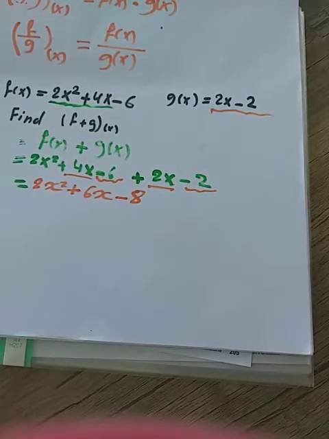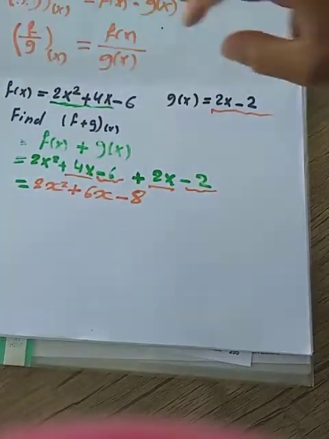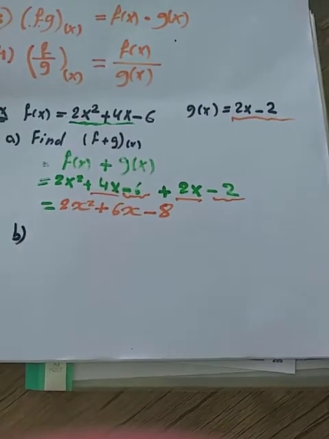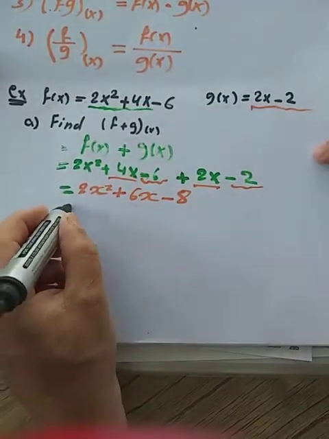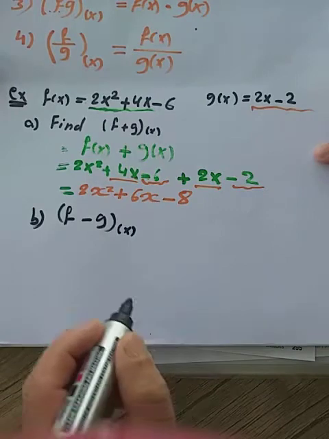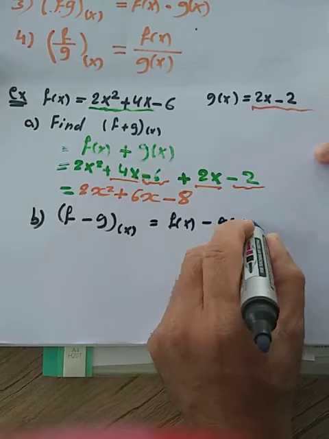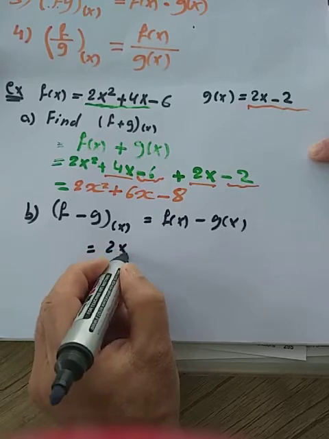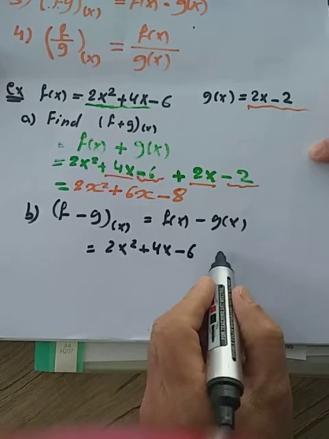B. Find f minus g. Now we need subtraction. This is equal to f of x minus g of x, equal to f of x, 2x squared plus 4x minus 6, minus.